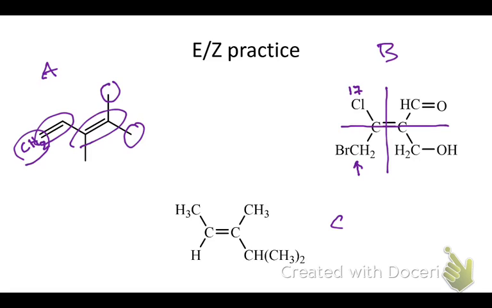You don't look at the whole thing. You just look at where it's attached. Sure, the Br is like 35, but this is 6. Remember, I said it's not really the weight; it's the atomic number. But it's the first time you see a difference in atomic number going away from that atom. So if I'm going away from this atom, like this way, the first thing I see is 6, and then I see 35 over here. But this is the one that matters because that's where you break the tie. Okay?